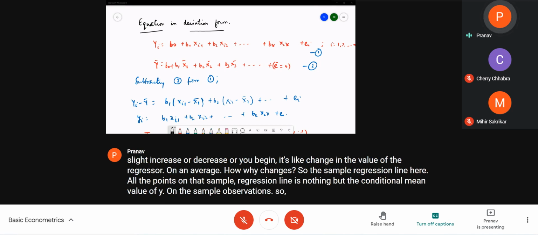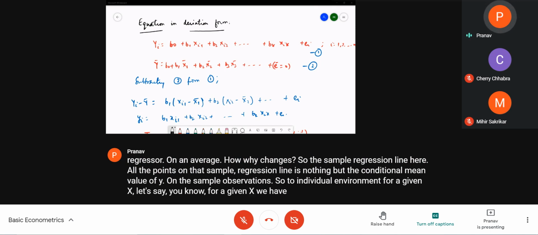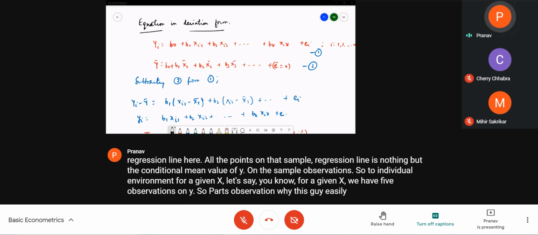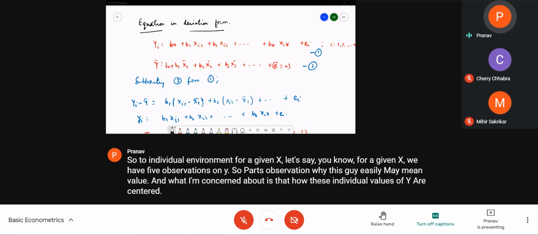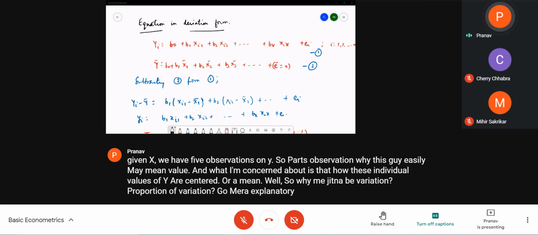So for the individual y, for a given x, let's say for a given x we have 5 observations on y. So with 5 observations on y, I can easily calculate the mean value. And what I'm concerned about is how these individual values of y are centered or distributed around its mean value. So of whatever variation there is in y, what proportion of variation do my explanatory variables explain, that is what R square is.